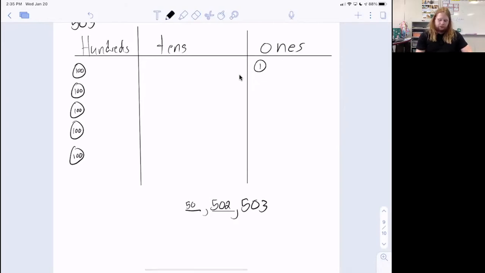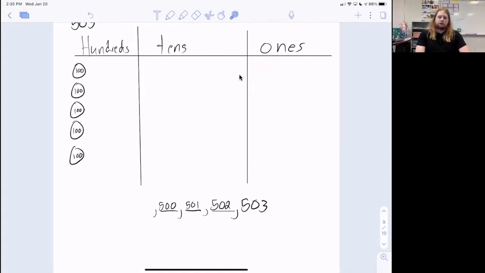I would have 501. What happens if we take away another chip? Now I have 500. Let's take away another chip. Wait, I don't have any. How am I supposed to take away a 1 chip if I don't have a 1 chip?